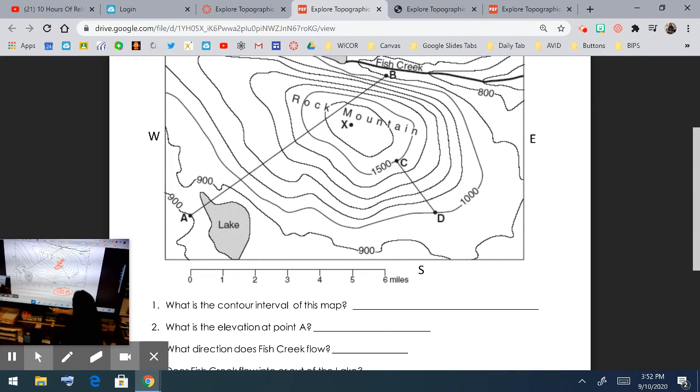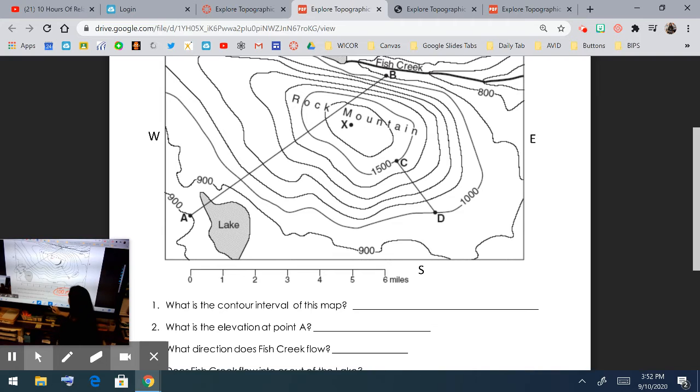Because if it was 1,700, then there would have been another contour line like that, and then you would know the X was more than 1,700. But since there is not another line, you know that it has to be more than 1,600, but less than 1,700.